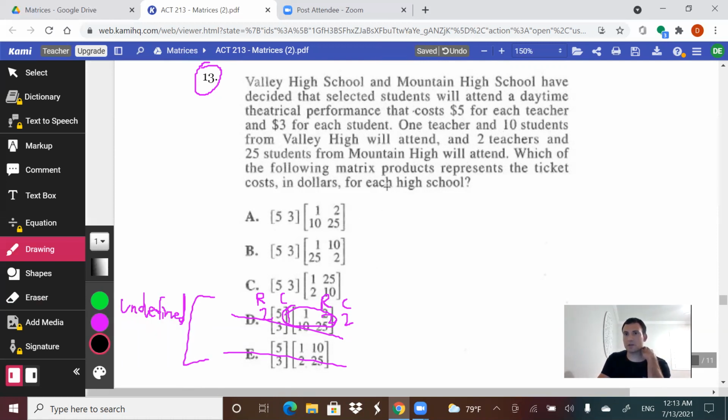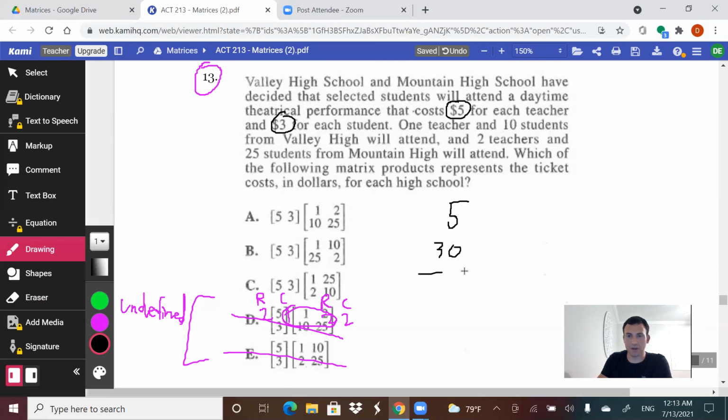So let's think about this. We're going to know which of the following matrix products represents the ticket cost. So if we think about it, the cost for the first school, for Valley High, it's $5 for a teacher, 3 for a student. Valley High has 1 teacher, so that's $5, right? 5 times 1, and 10 students, so that's $30.